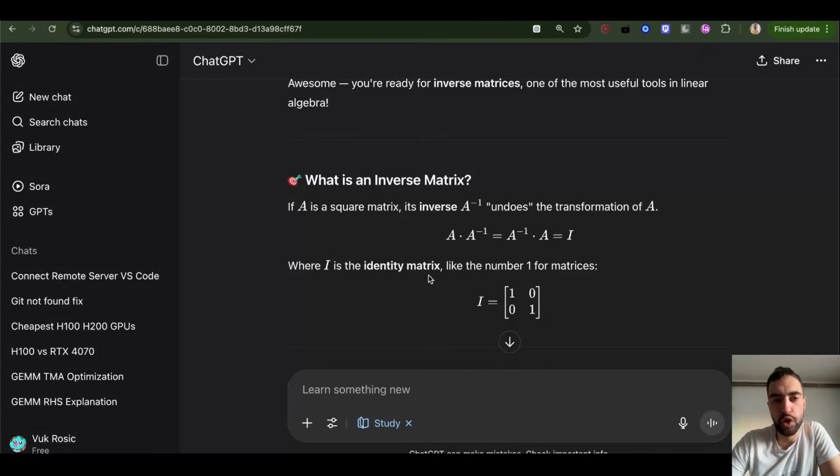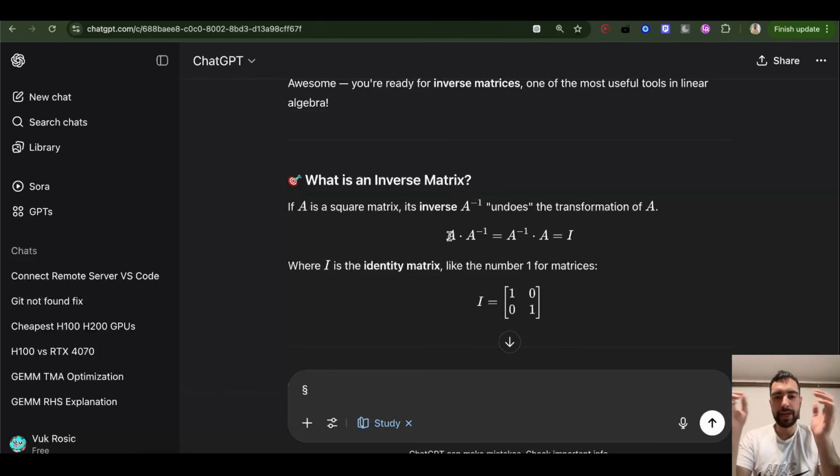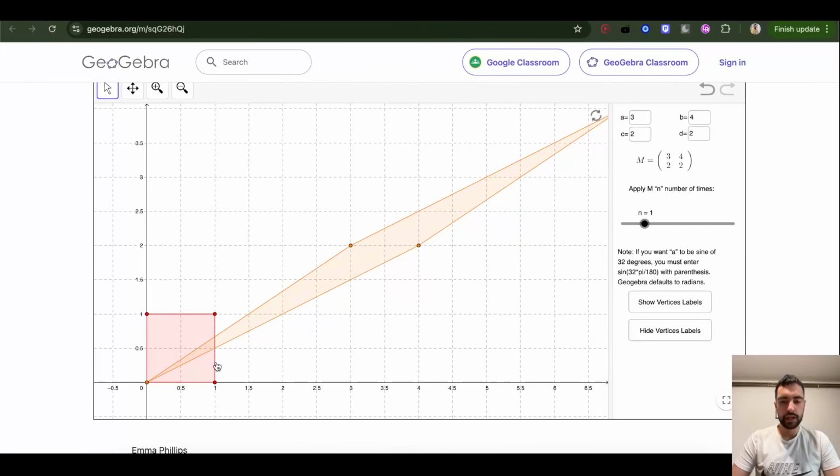So for a Muon optimizer, we need to understand the inverse of a matrix, because we are approximating it with a polynomial, but we need to understand what it is. If you have a matrix, it transforms that shape, that space, and then the inverse returns it back to whatever we started with. So this matrix transforms from this shape to this shape, and the inverse of that matrix will transform this shape back to this shape.